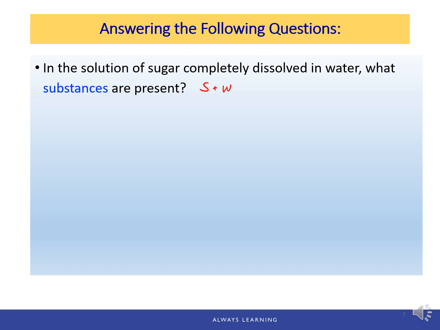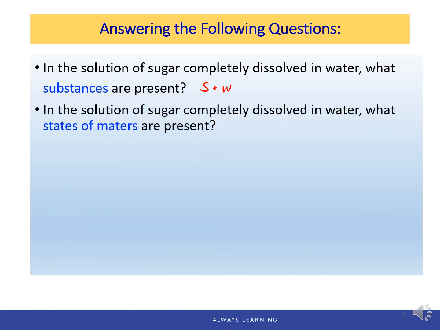Based on the definition, a substance is matter which has a specific composition and specific properties. So, sugar and water, there are two substances. And in the solution of sugar completely dissolved in water, what states of matter are present? Well, it's just one state of matter, which is liquid.